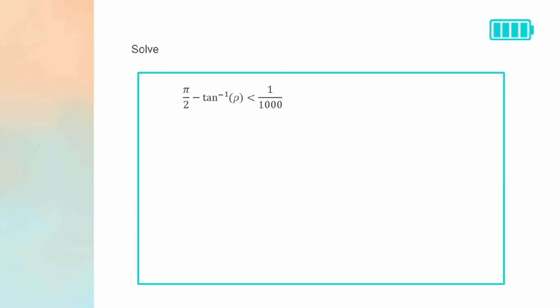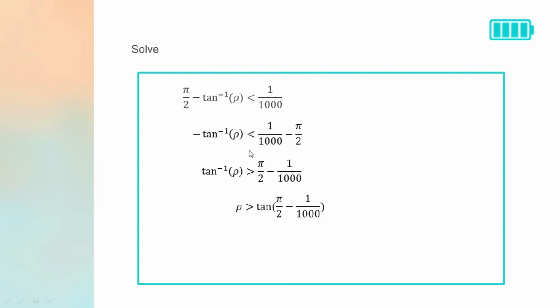From pi over 2 minus arctangent rho less than 1 over 1000, we have to move pi over 2 to the right side, leaving negative arctangent rho less than 1 over 1000 minus pi over 2. Move the negative to the right side: arctangent rho greater than pi over 2 minus 1 over 1000.